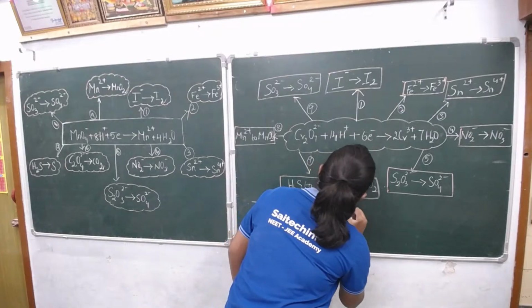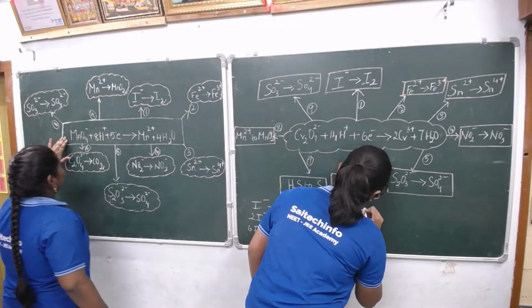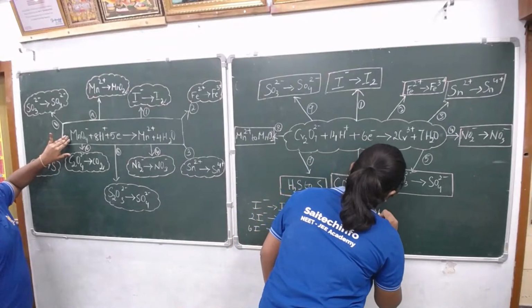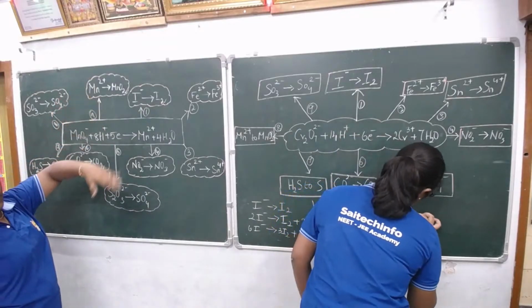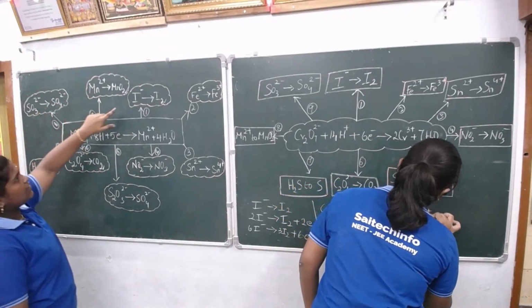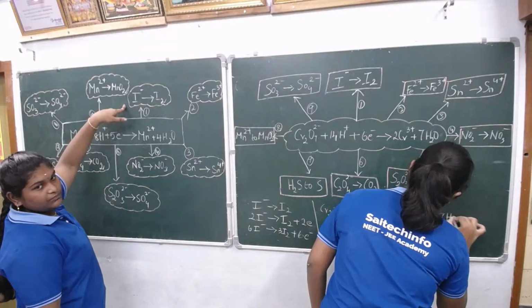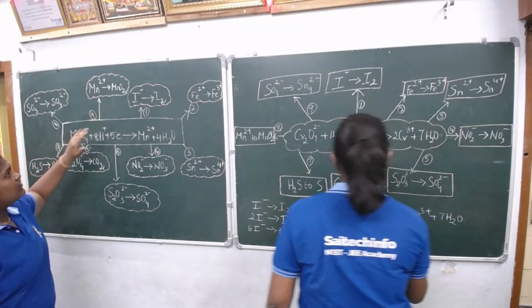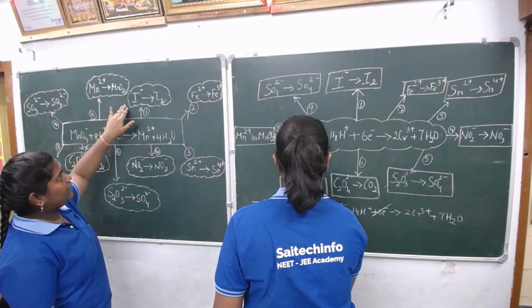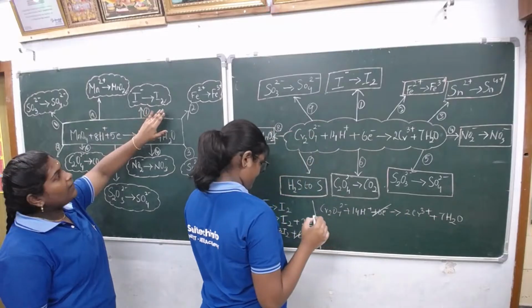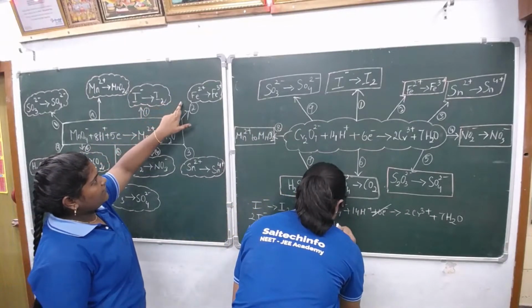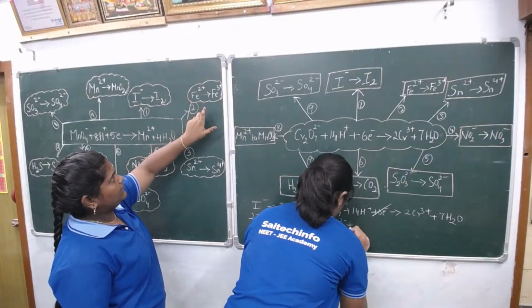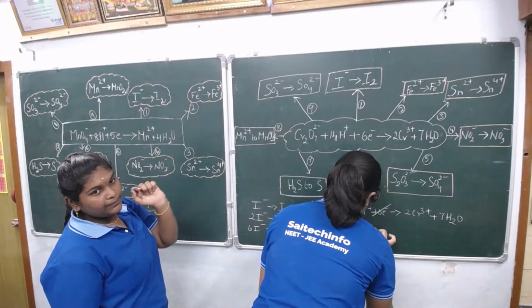Yes, so this is the balanced oxidation reaction. So these are the reducing reagents. First, iodide to iodine, I minus to I2. Ferrous to ferric, Fe2 plus to Fe3 plus.